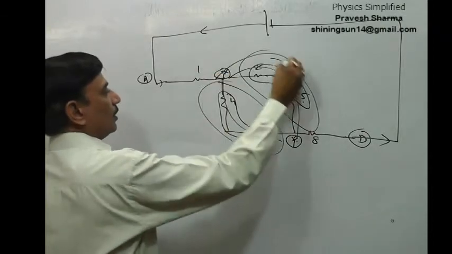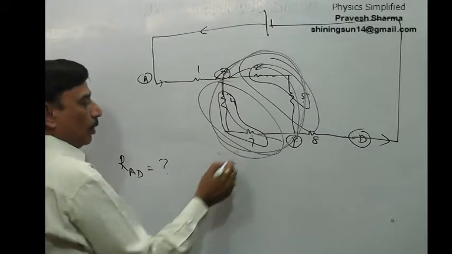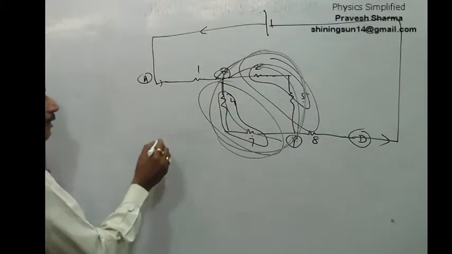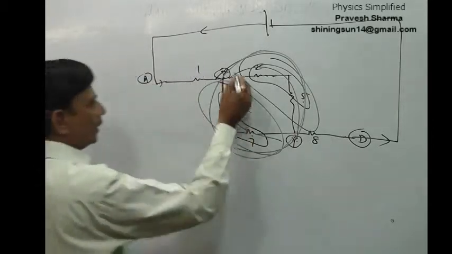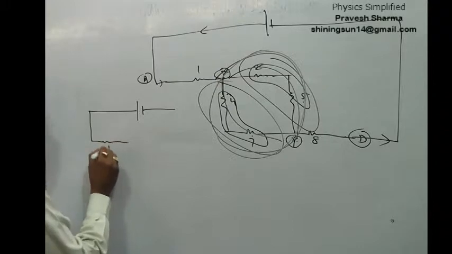Once you find this, you can find the equivalent resistance of this whole thing. I replace this whole thing, let's say by R dash.